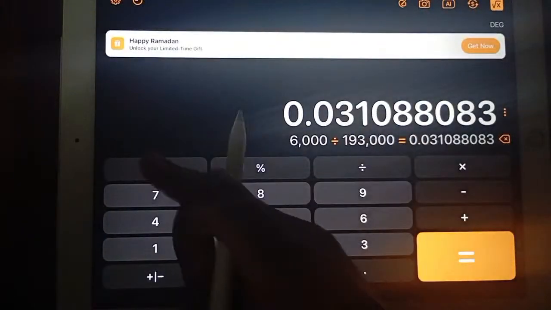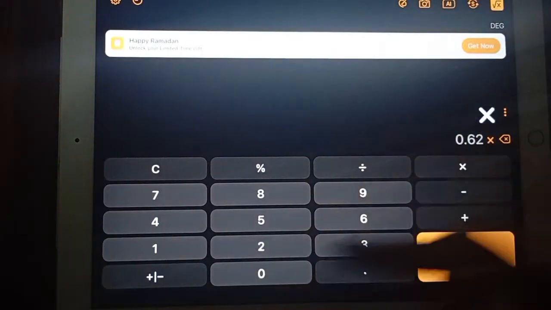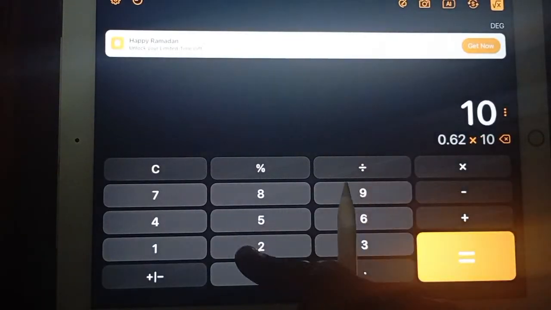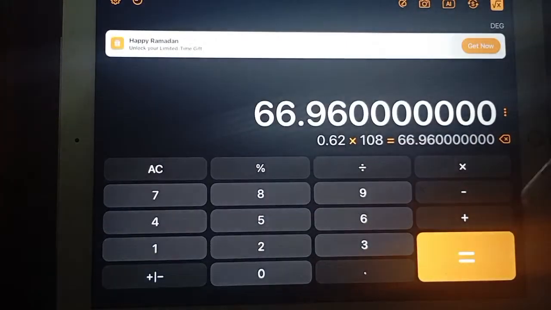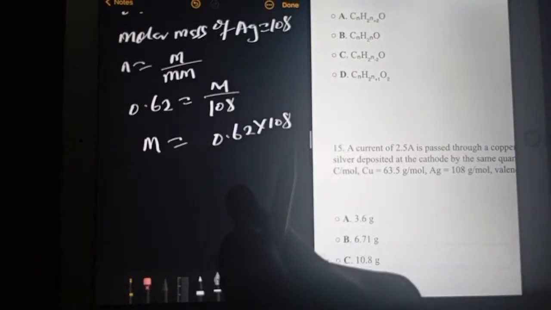So 0.62, no, should that be times? I think there is a mistake somewhere.